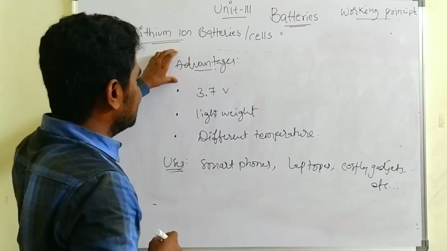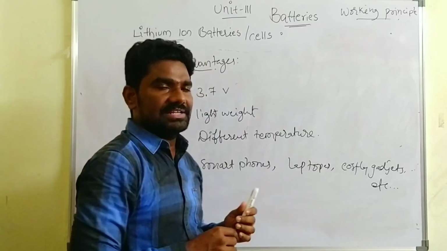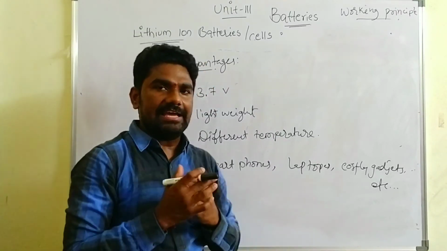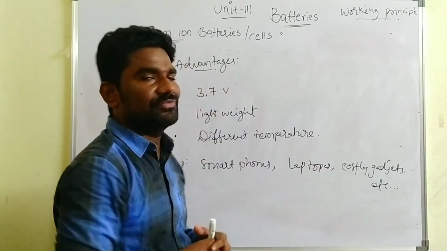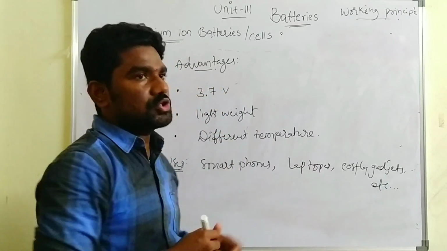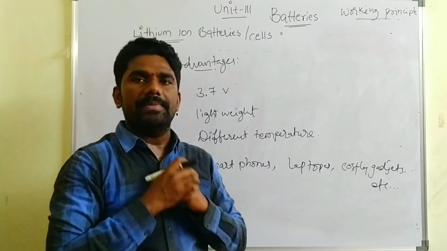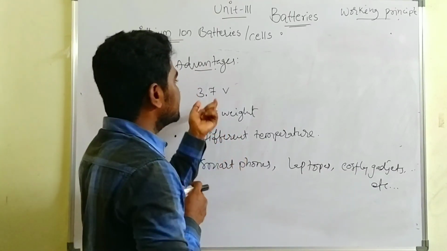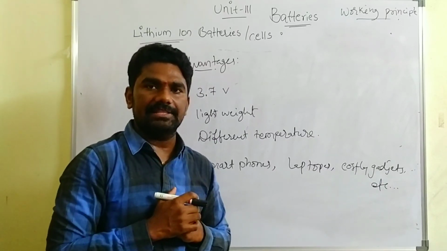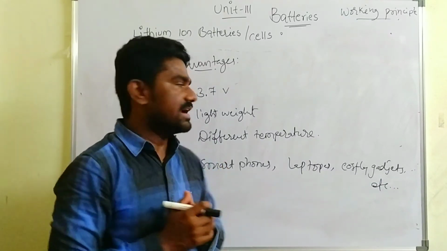What are the advantages here? These lithium ion batteries can generate a high voltage, that is 3.7 volts. It is almost 3 times greater than the nickel cadmium batteries.